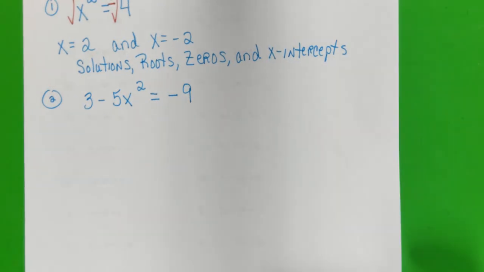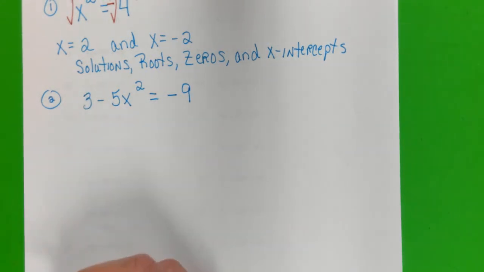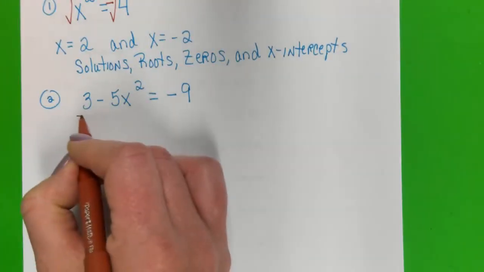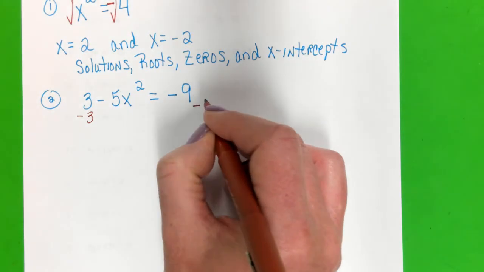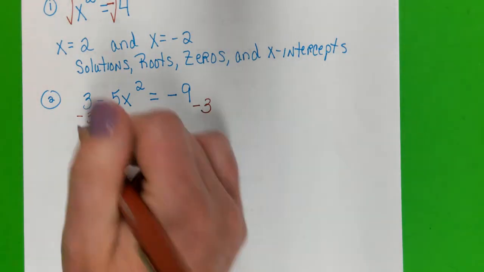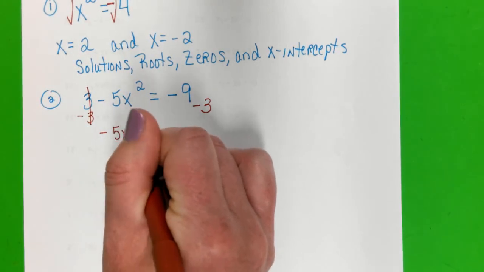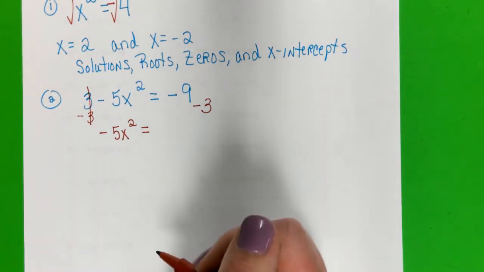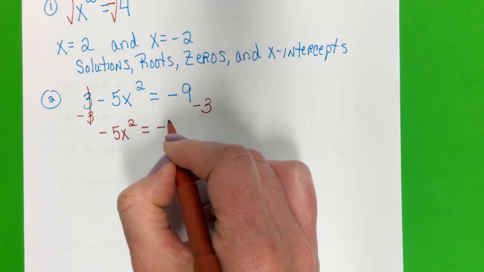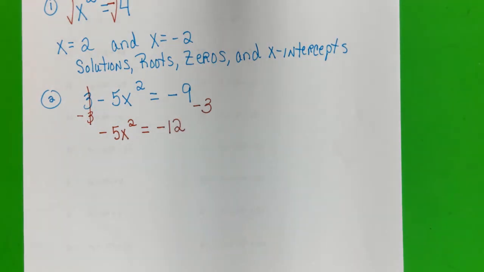So what do you think we should cancel out first? What, Anna? The 3, right? It's just like a 2-step equation. How would I cancel out the 3? Subtract 3. Okay, that cancels out. And we get negative 5x squared equals what? Negative 12.